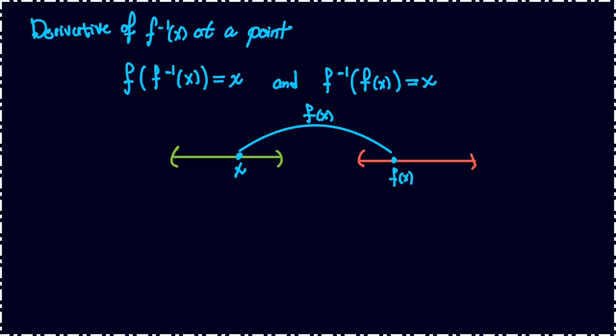Going back, assuming the function is 1-to-1, we are going to use the inverse function. And what we are going to plug into the inverse function is f of x. So imagine this f of x is our b from the last example. And you're putting that into f inverse.